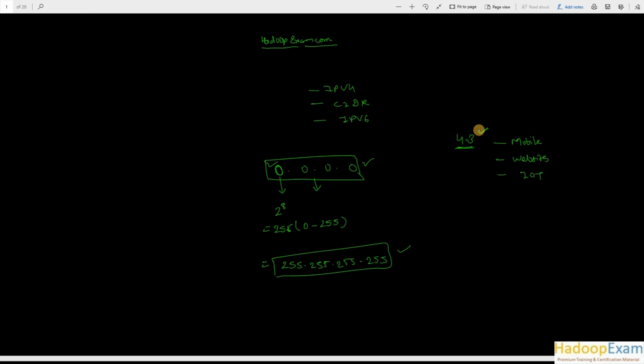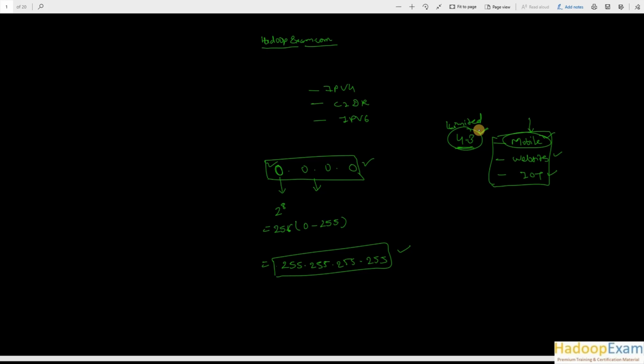We cannot assign each and every device a distinct IP address out of 4.3 billion IP addresses, which creates a problem because this is limited. So we need some workaround so that even with limited IP addresses, I can still assign an IP to identify each device.